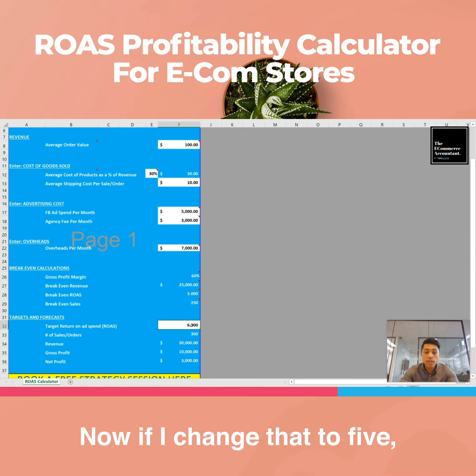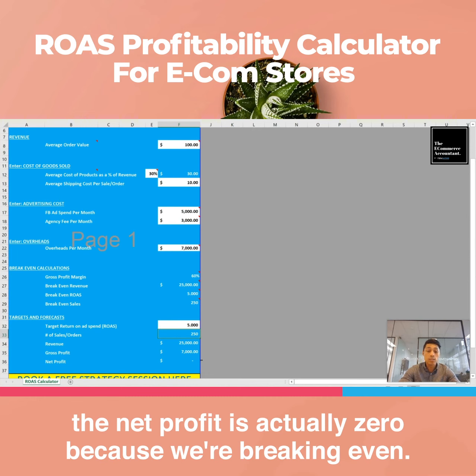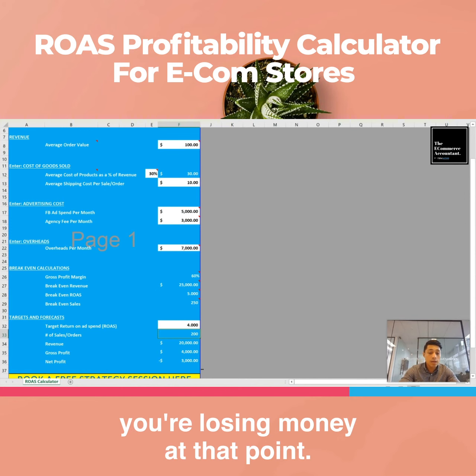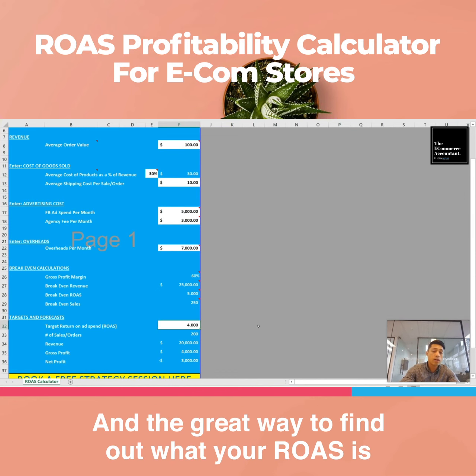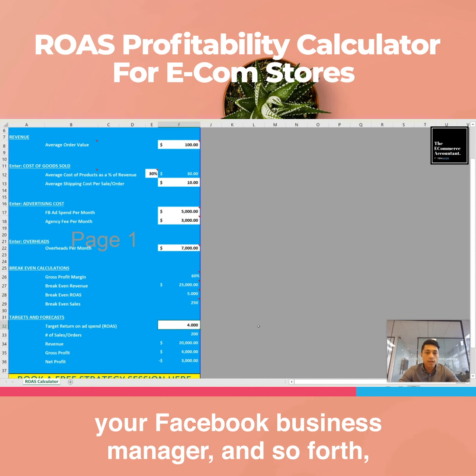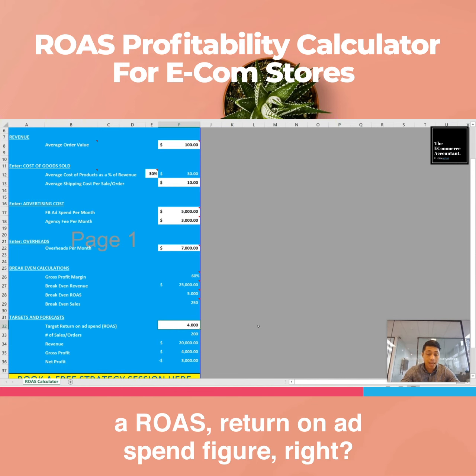Now, if I change that to 5, as predicted here, you'll see that the net profit is actually zero because we're breaking even. Anything below that, you're losing money at that point. And the great way to find out what your ROAS is through your actual marketing platforms, your Facebook Business Manager and so forth, whether you're using Snapchat, they'll all give you a ROAS, return on ad spend figure, right?